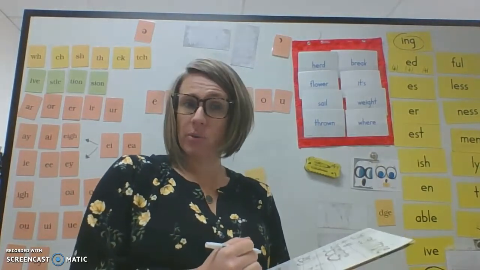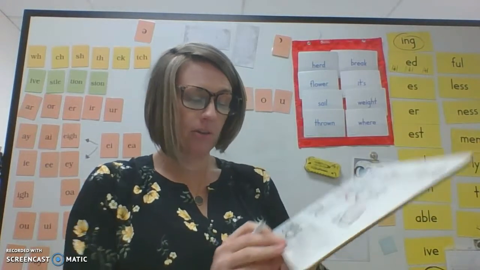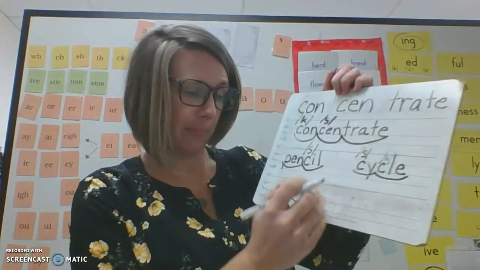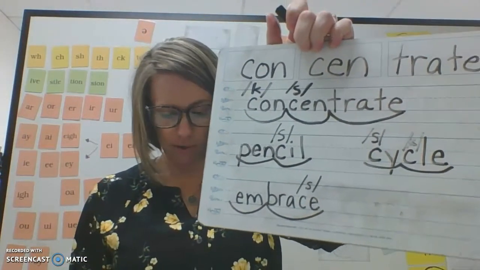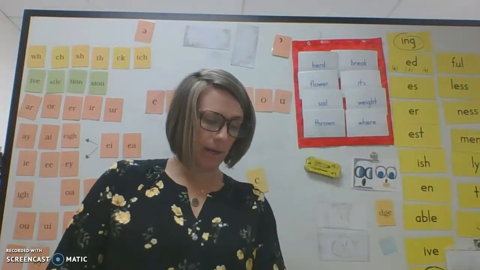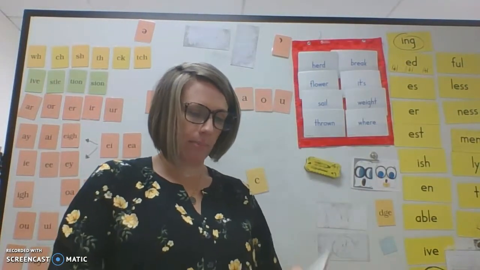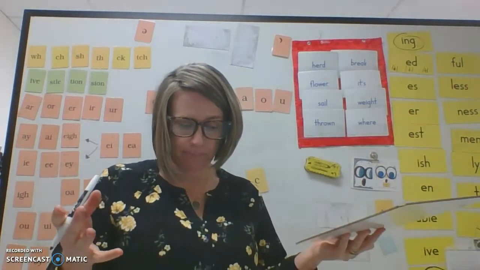And embrace is also a word for a hug. Okay, there's only one C in here. Embrace, and it sounds like an S. So we need to put that above it. Embrace.